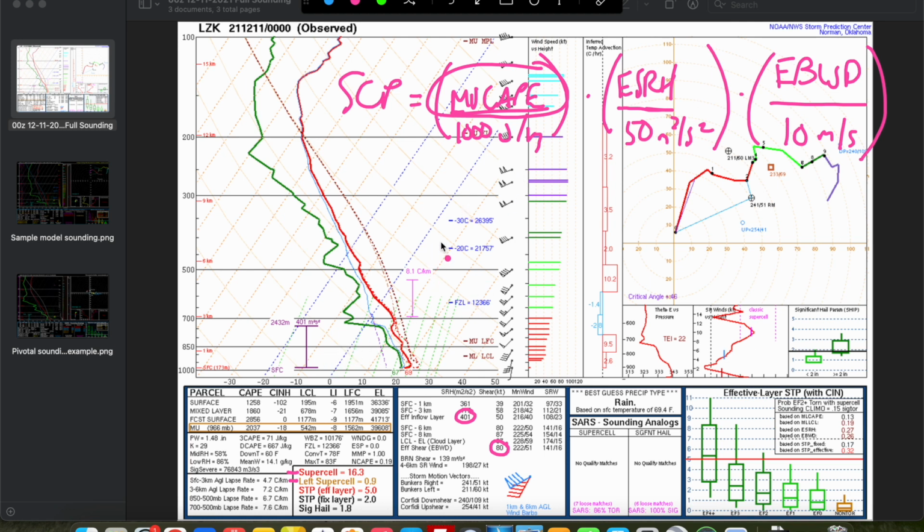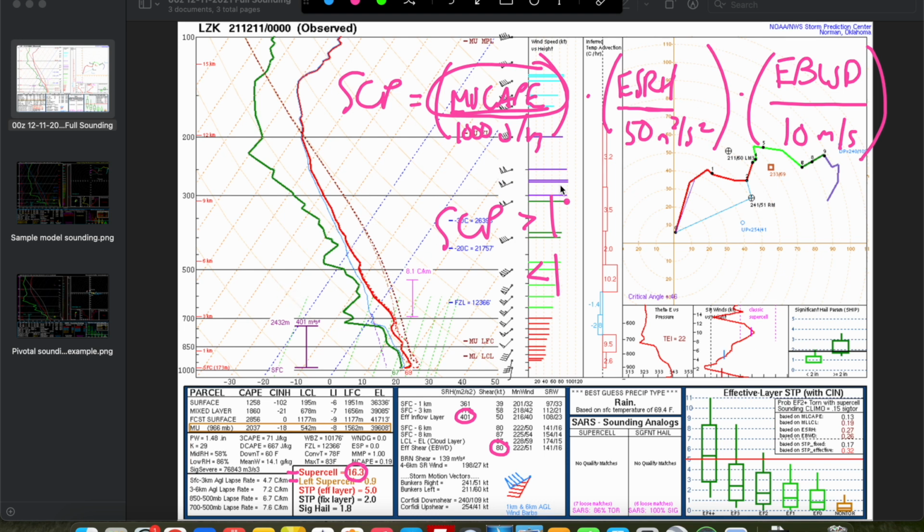So generally, a supercell composite parameter greater than 1 means an environment that is favorable for supercells. You can see in this environment, we're seeing an SCP of 16.3. That is extremely, extremely high. So the threat for supercells in this environment is very, very high. Anything less than 1 tends to mean an environment that is less likely to produce supercells.